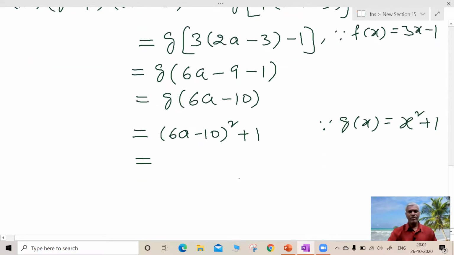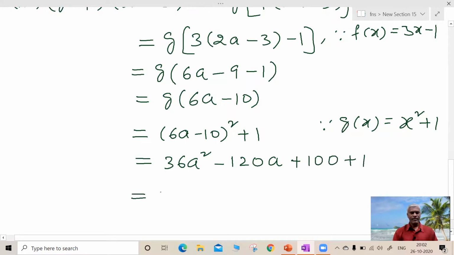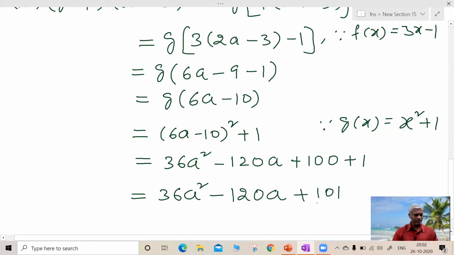Expanding by using (a minus b) whole square: (6a) whole square is 36a square, minus 2ab, 2 into 6 into 10 is 120, so minus 120a, and b square is 10 square, 100, plus 1, that is 36a square minus 120a plus 101.